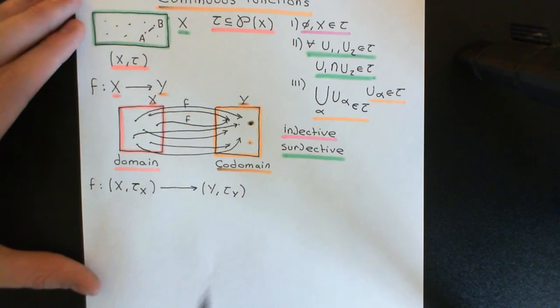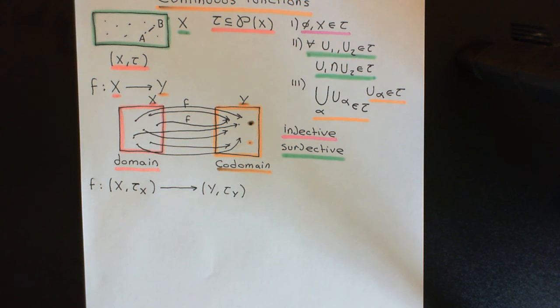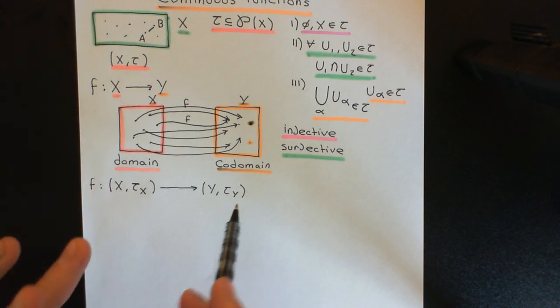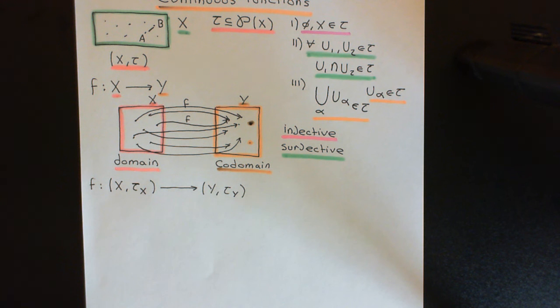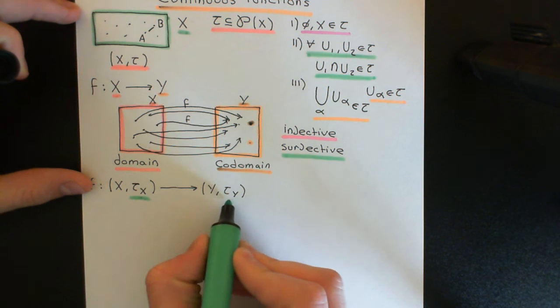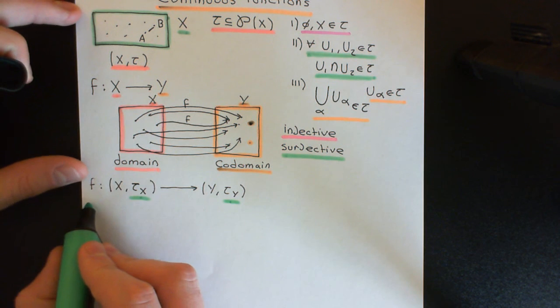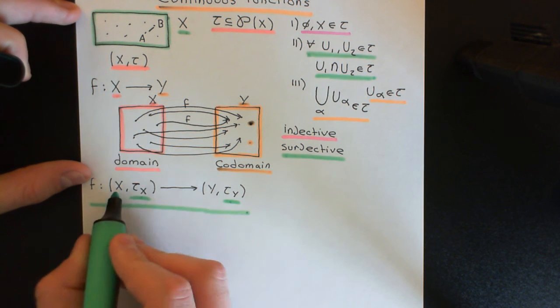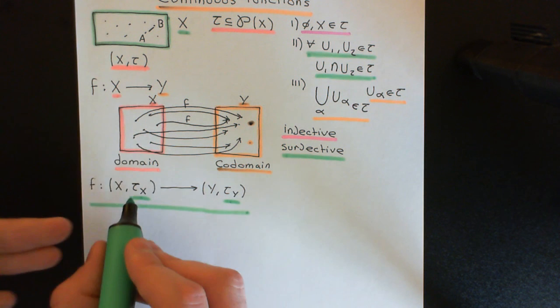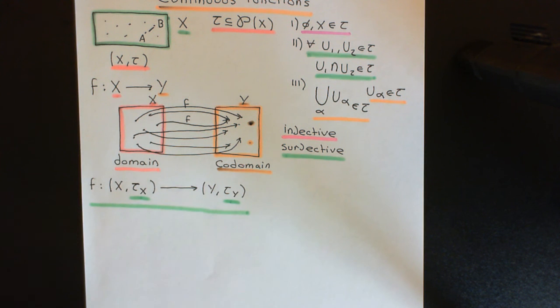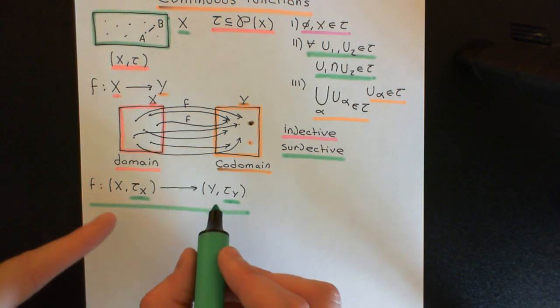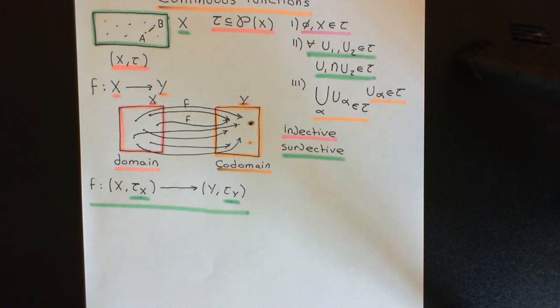Now it's very important that you understand that whether a function is continuous or not between two sets which have got topologies on them, so two topological spaces, is completely and utterly dependent on which topologies you pick to equip these sets with. So we might conclude that this function, capital F, between the sets X and Y with these two topologies is continuous, but if you change the topologies, even if the function between the two sets remains absolutely the same, it might destroy continuity.